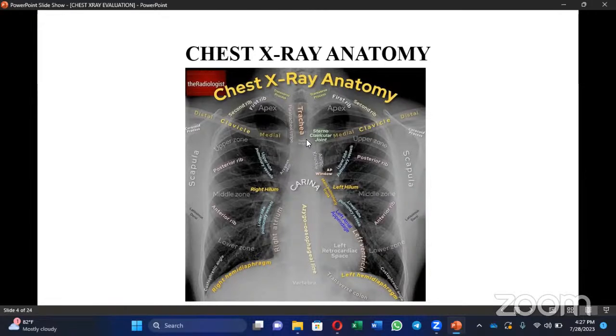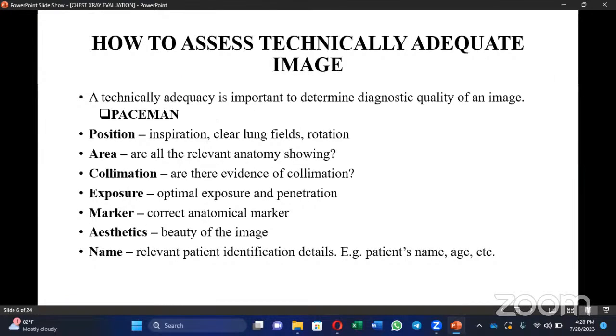You measure for both sides, the left and then the right, then you compare the distance. When the distances are equal, it means that there is no rotation. However, when there are differences between the two measured distances, you know that there is a rotation. And rotation can cause significant shift of the trachea, and significant shift of the trachea can mimic other pathologies.